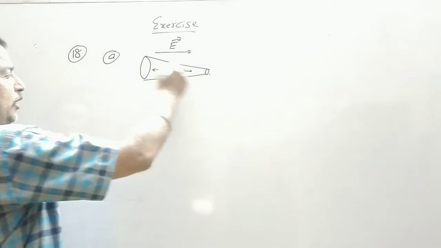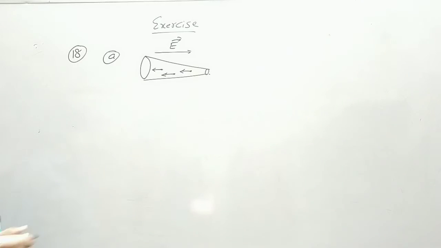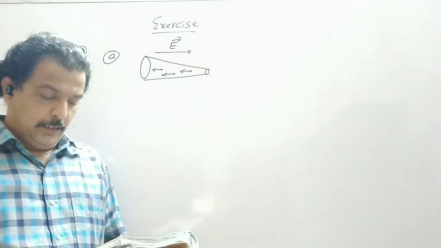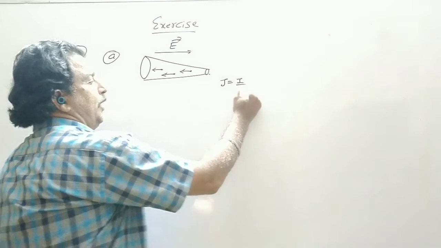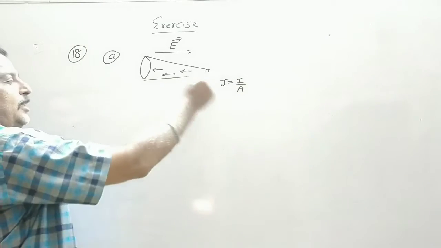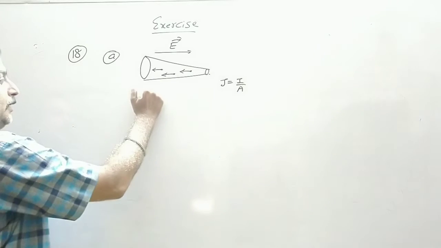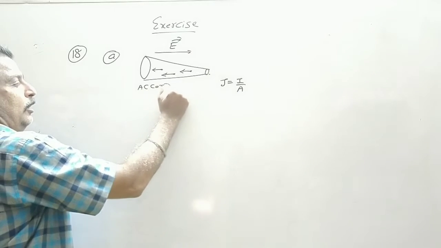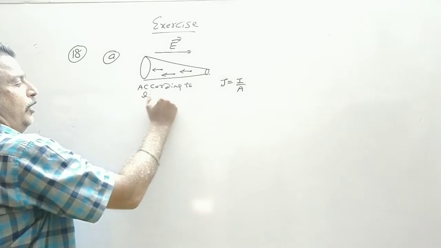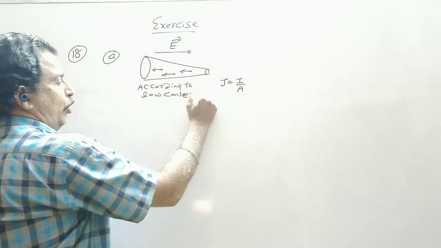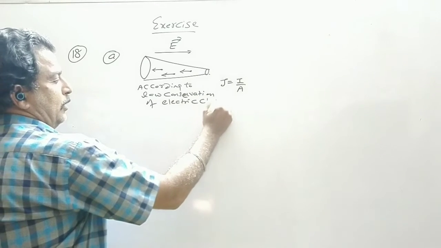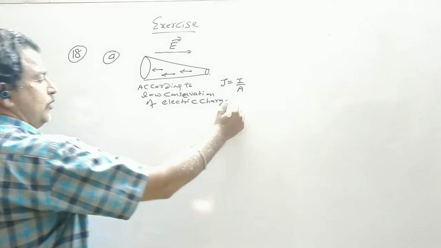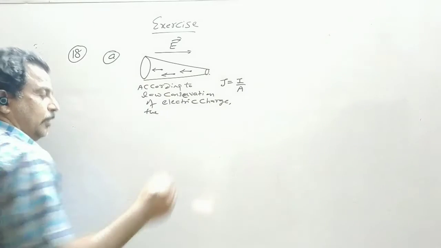Now see, if the cross section keeps on changing, the electric field and the drift speed will not remain constant, and we know the current density J is equal to current per unit area. So if area is changing, the current density will also change. But according to the law of conservation of electric charge, the charge remains constant.